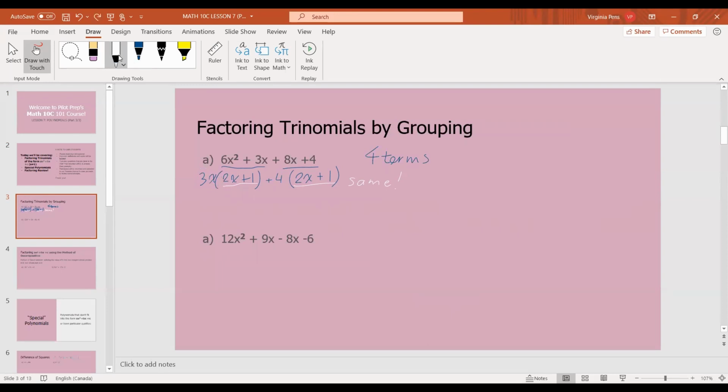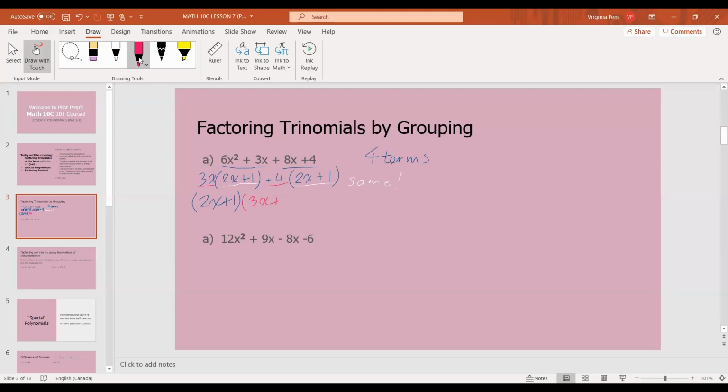So let's do that. Once we take these 2 terms out, 2x plus 1, what are we left with? We are left with these. Let me grab a different color. We're left with these remaining terms, which we can put in another bracket.